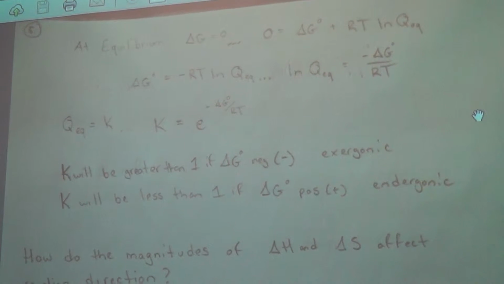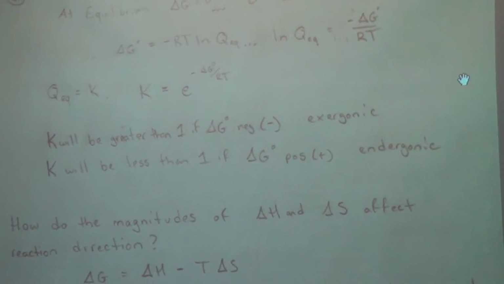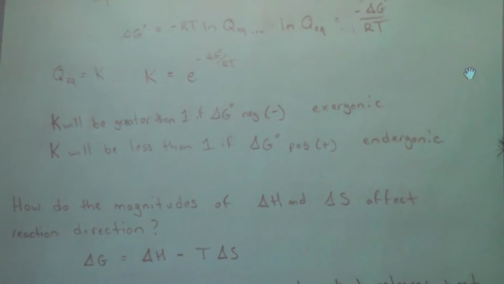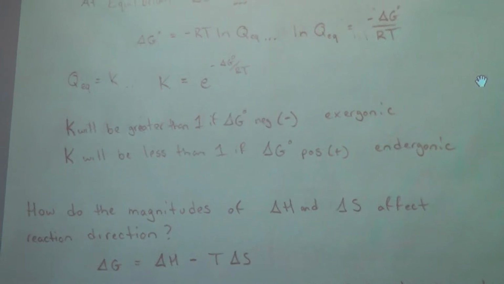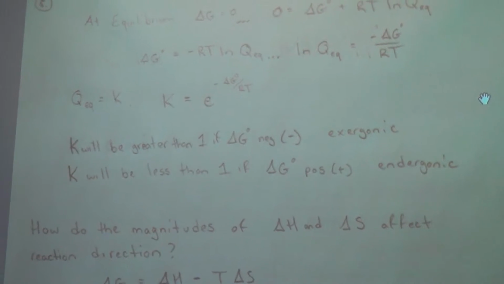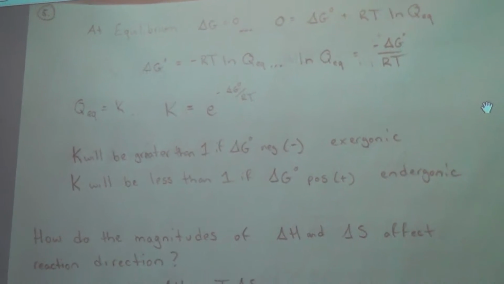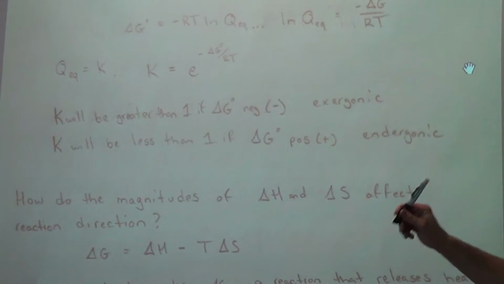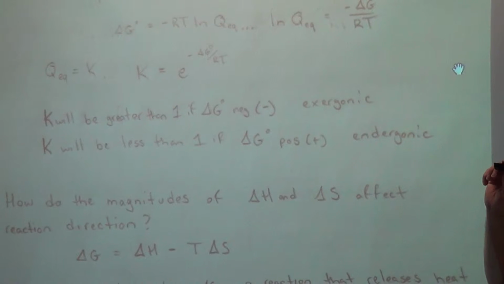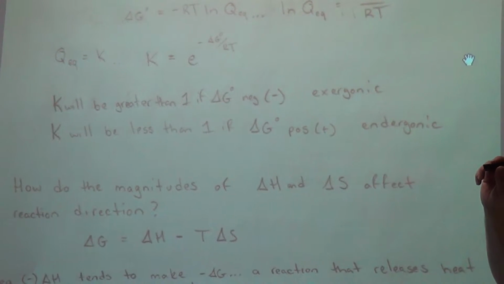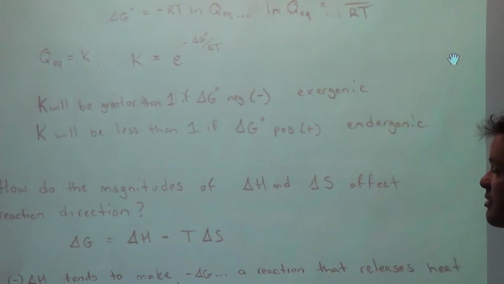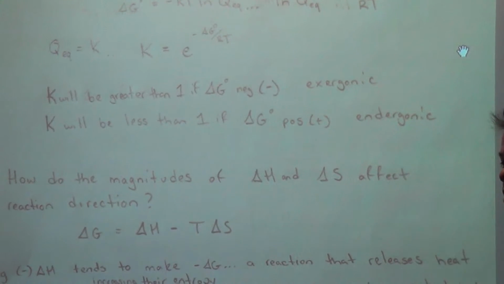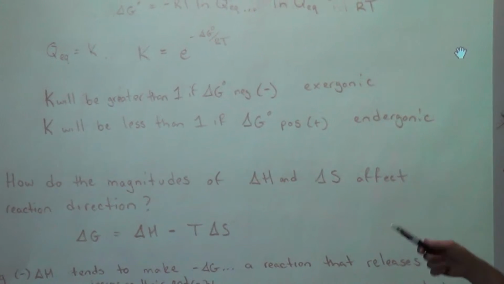You'll notice that if delta G of the reaction is negative, K is going to be greater than 1. This is all repetitive. We're all just saying the same thing a million different ways. If delta G is negative for the reaction, K is greater than 1, meaning that there are more products than there are reactants, which is what we expect. For a spontaneous reaction, we expect there to be more products than reactants.